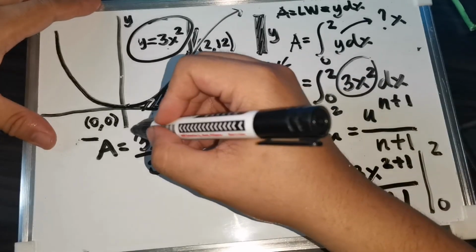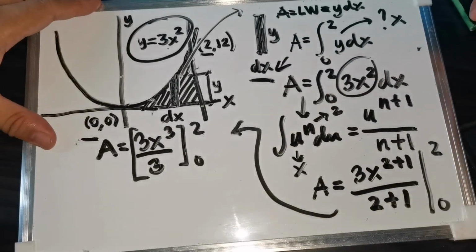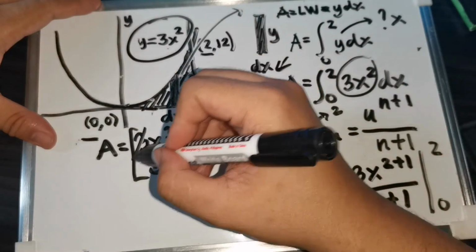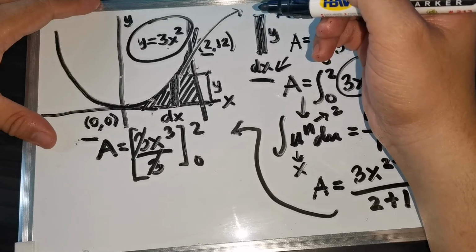Then let's apply 0 to 2. As you can see, there is a 3 in the numerator and denominator, so we can cancel out this one. The remaining variable involved in your area is x cubed.